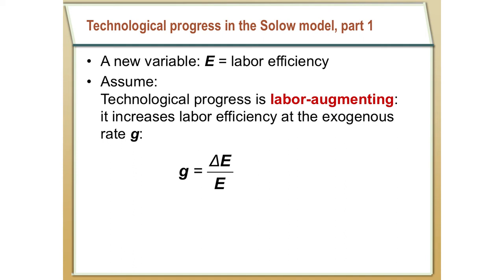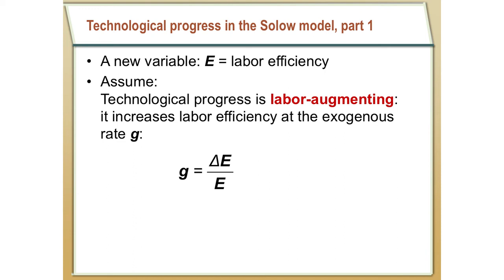And so in this sort of setup, technology, we can think of it as being labor augmenting. So technology helps workers become more effective, more productive. And technological progress happens when this variable E is growing over time. So if over time laborers, workers, are becoming more efficient, then there's consistent technological progress each period.